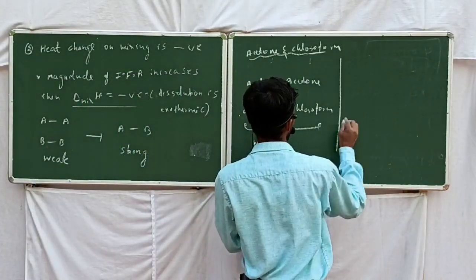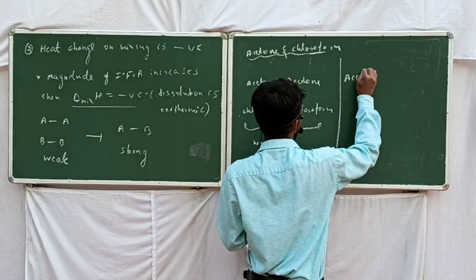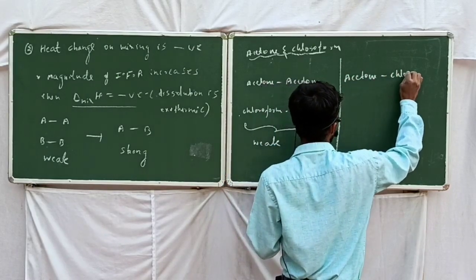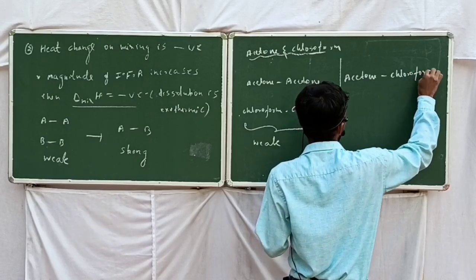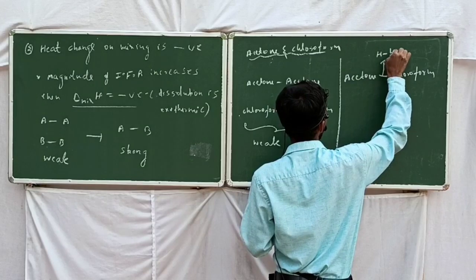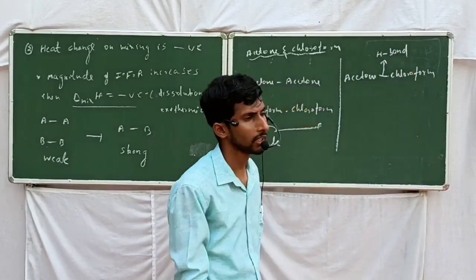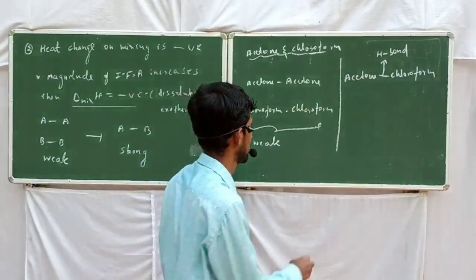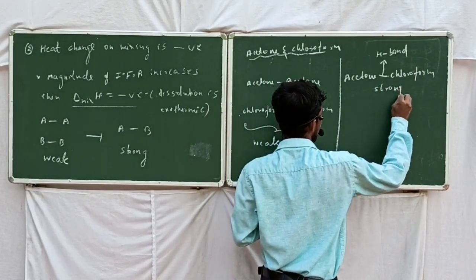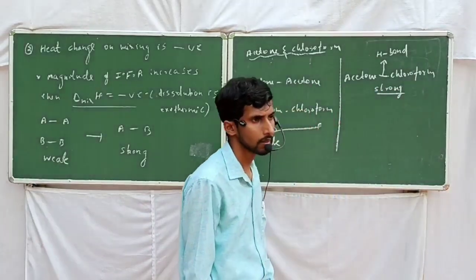Then if you mix them, there will be hydrogen bonding between acetone and chloroform. There will be formation of hydrogen bonding between acetone and chloroform. That hydrogen bonding is very strong intermolecular force of attraction between molecules, right?